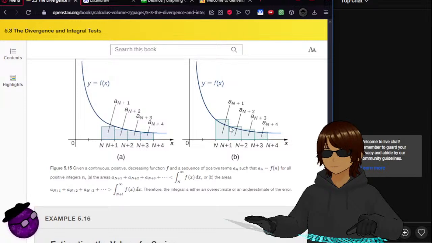n plus 1 to infinity. Why are they doing n plus 1 here?